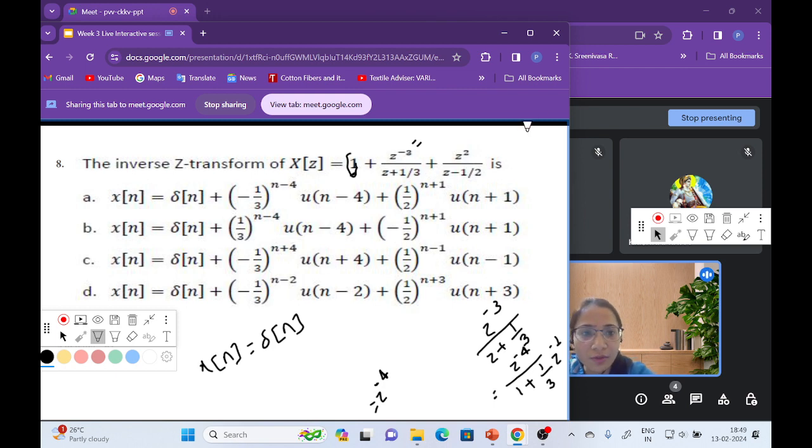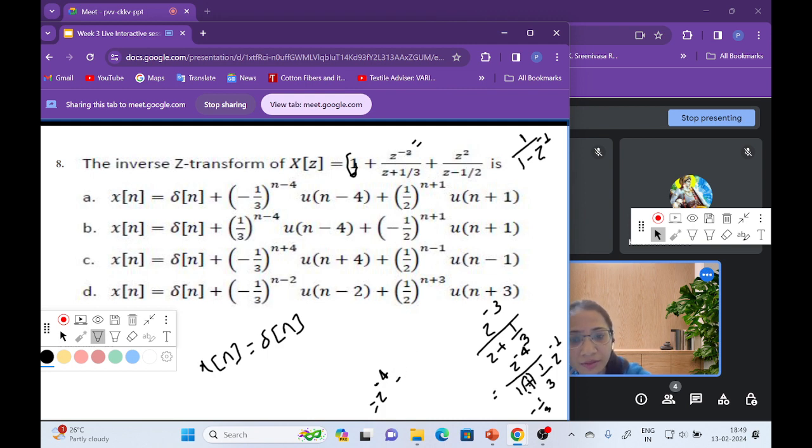Have you seen that the z transform of the normal unit step function is 1 upon 1 minus z inverse? So here is a positive sign, so that means there will be minus 1 by 3. That's why that will go on positive. So what will be the inverse z transform of this?